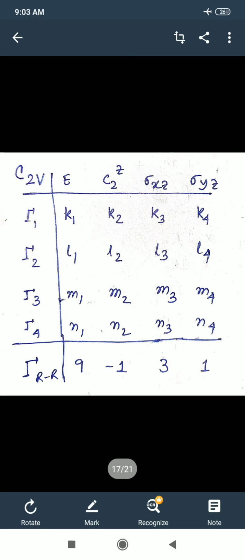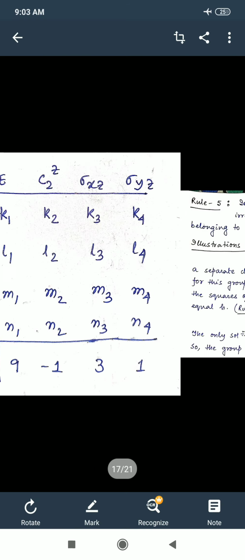And if I want to write the reducible representation, which I have already discussed, for the C2V point group with respect to the 3n coordinate base, I can write the reducible representation as 9, -1, 3, 1. You have to write that also in your character table at the bottom part. So those are our 5 rules which we have derived from the great orthogonality theorem, which is very important.